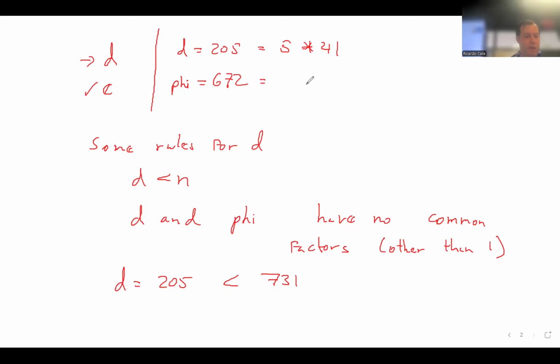And over here, 672 will be 2 times 2, and so on, there are several 2's in there, times 3, times 7.